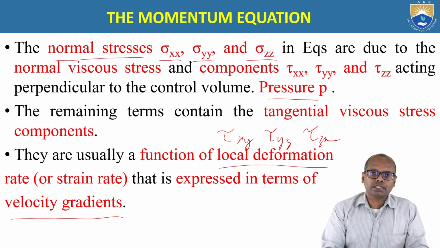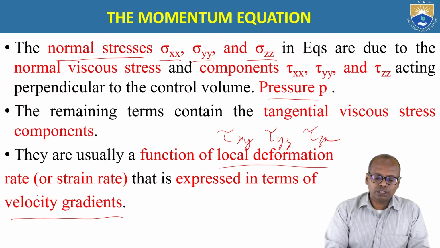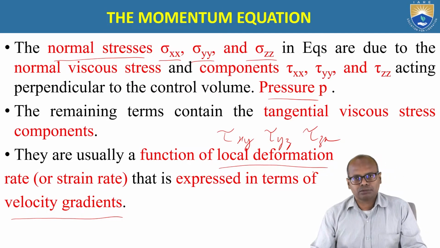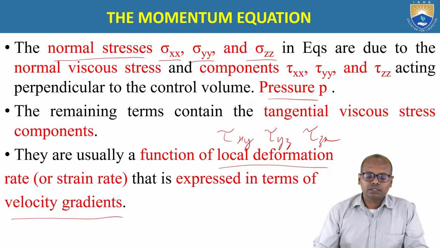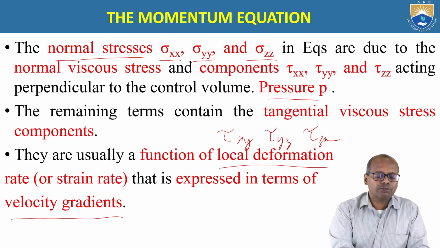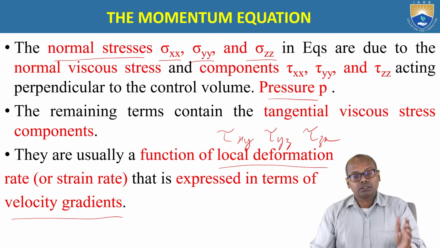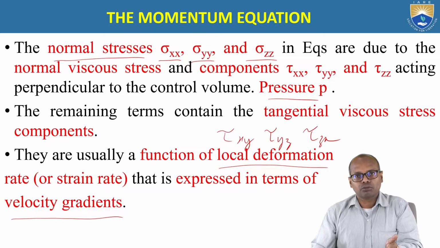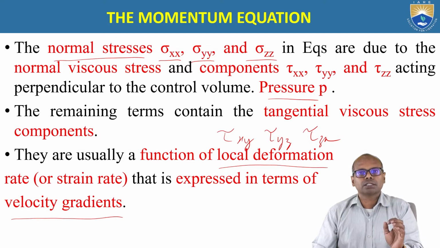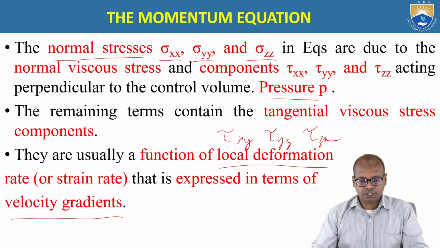These stresses are a function of the local rate of deformation, and they are expressed in terms of the velocity gradient. It should be very clear now. These tangential stresses are a function of the strain rate or deformation rate, but they are expressed in terms of velocity gradient, which we will see.